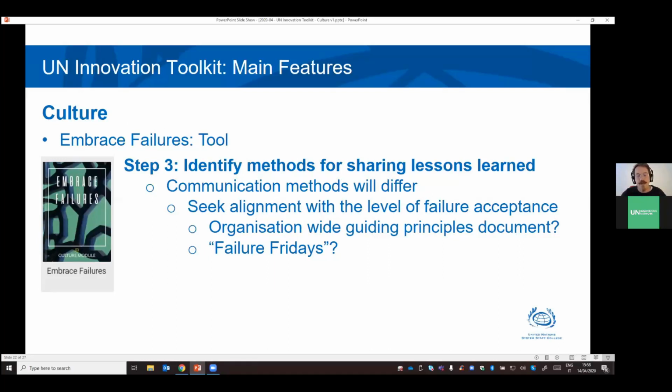Similarly, we need to be thinking about the alignment of our reporting with a level of failure acceptance. So if we have an organization that is comfortable with failure and has an enabling environment to encourage this, then perhaps we incorporate this reporting into a principles document to share across so that people can learn from this.